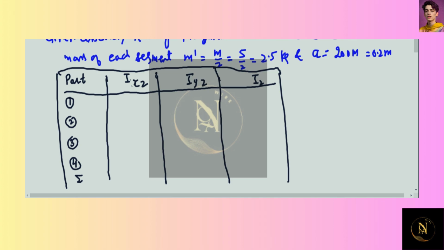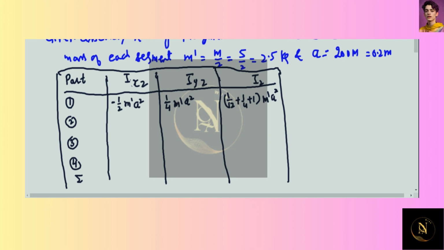Assembly 1 has a moment of inertia in the xz plane of minus half m dash a square, in yz it is 1 by 4 m dash a square, and along the z axis it is 1 by 12 plus 1 by 4 plus 1 m dash a square.